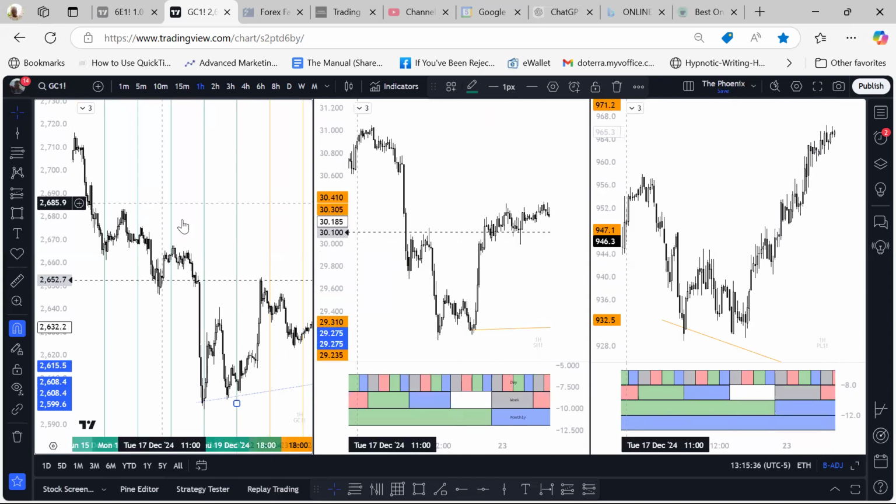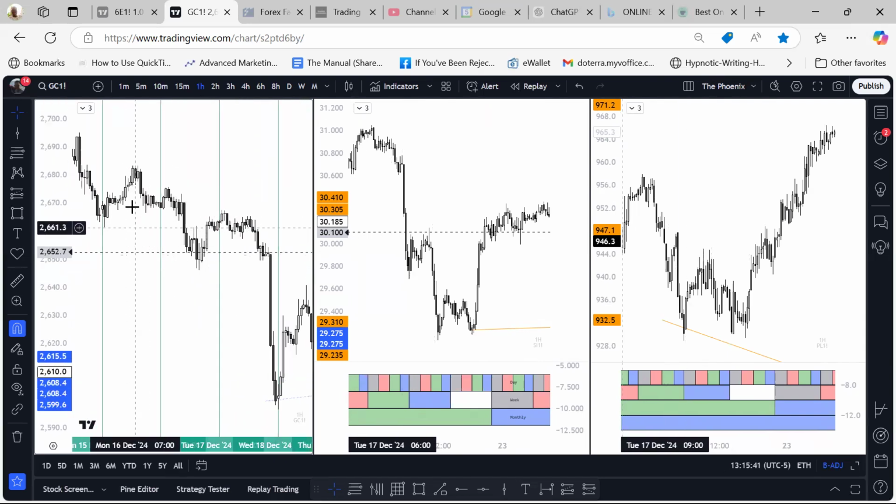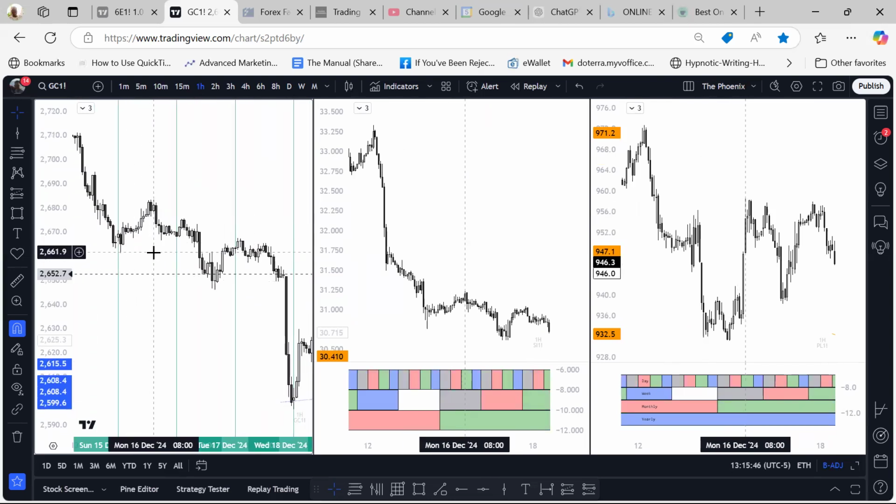Okay. So Monday, Tuesday, Wednesday, Thursday, Friday. Great. So Monday sets that range for the week. So that high and low for the week.